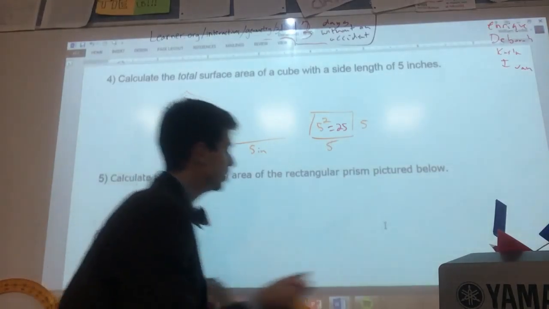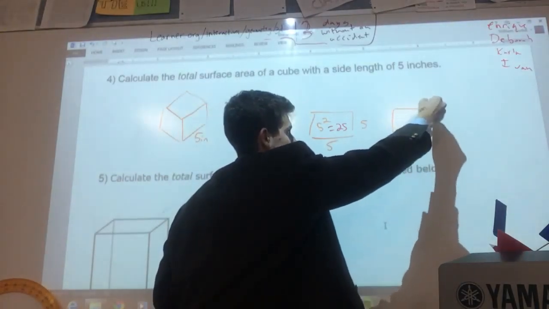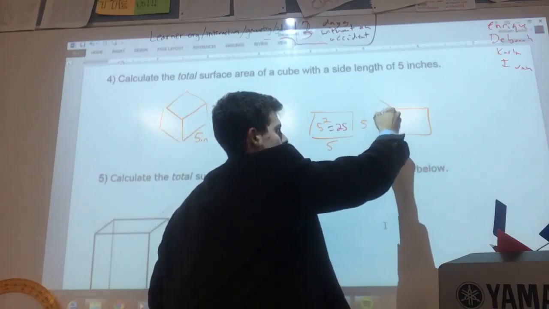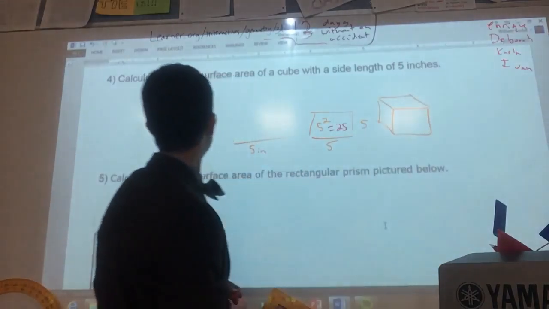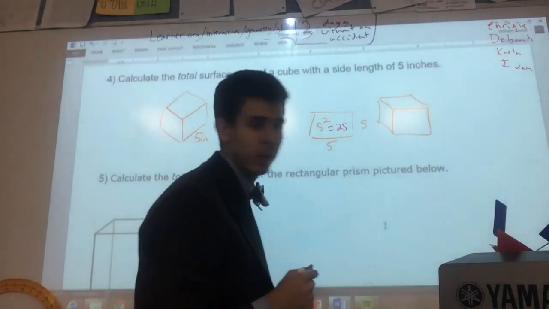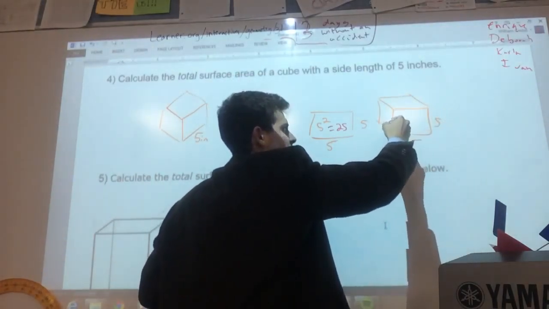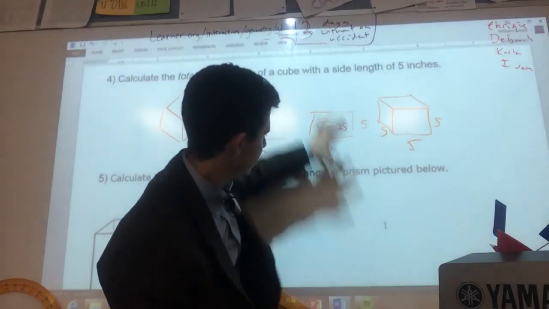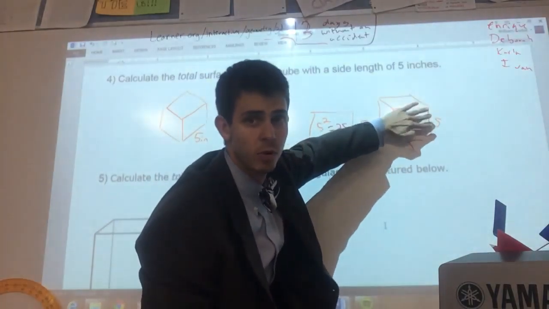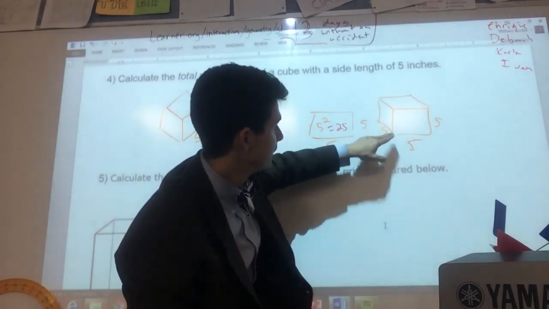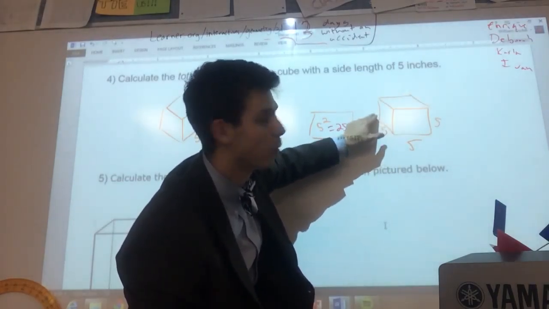And now a cube just adds another dimension to it. It's 5 by 5 by 5. So see how this square is just like this square right here. It just adds another dimension. It adds 5 more times.